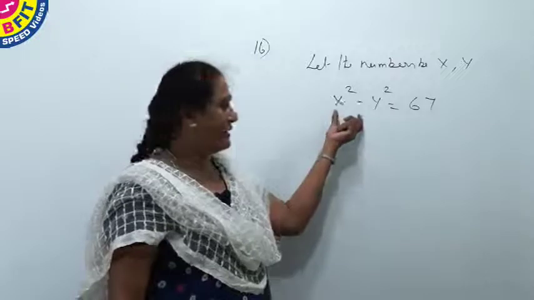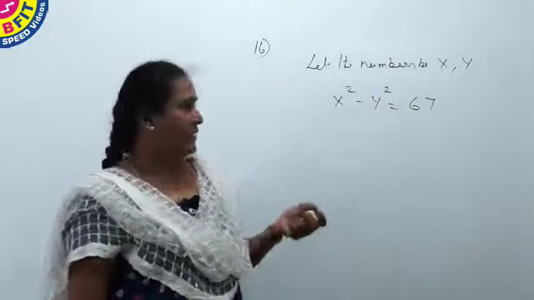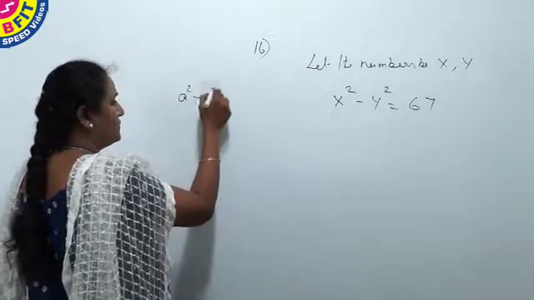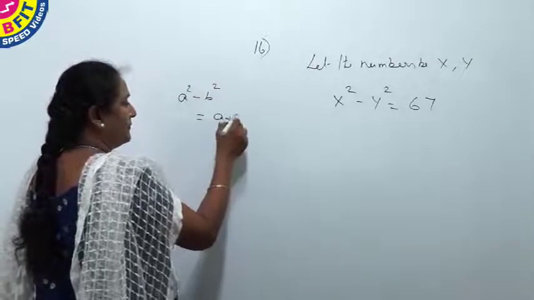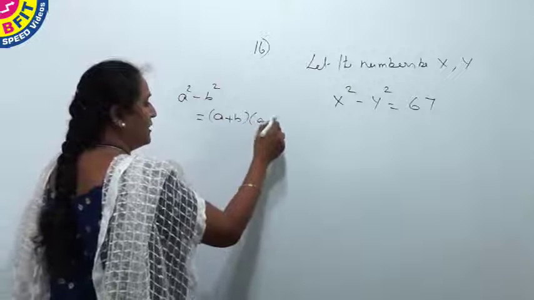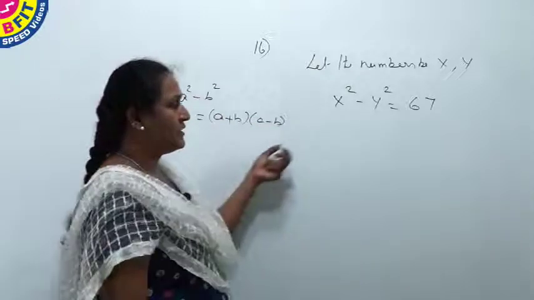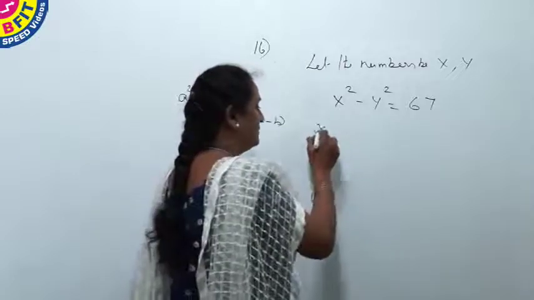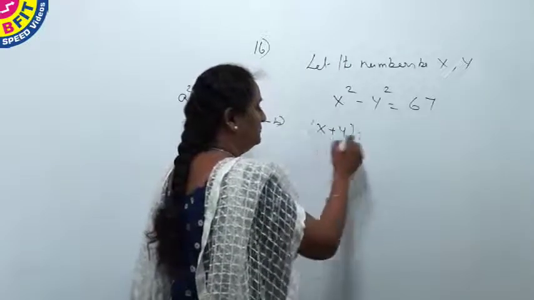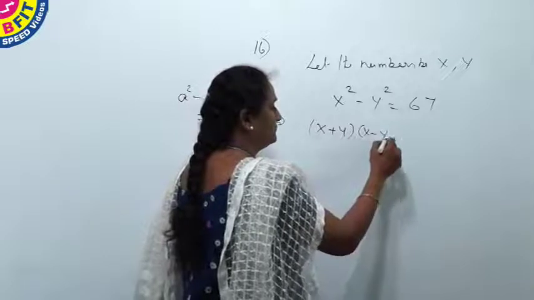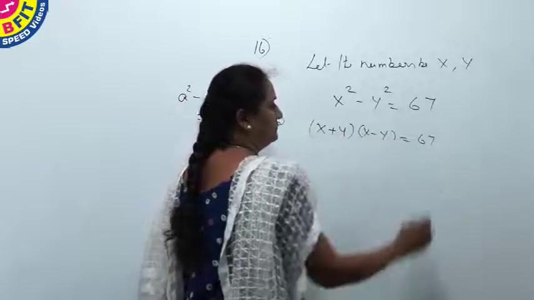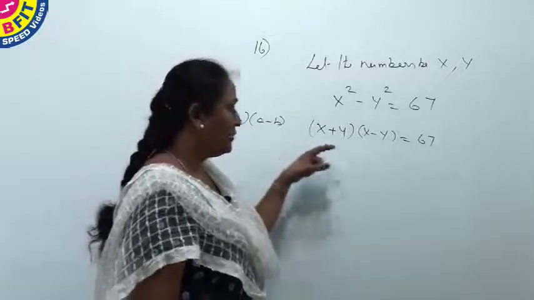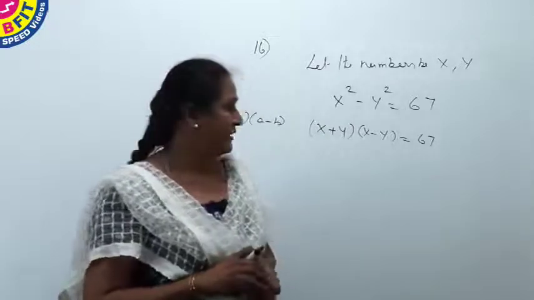Here using the identity a square minus b square, which is equal to a plus b into a minus b, we can split the left hand side. So we have x plus y into x minus y equal to 67.